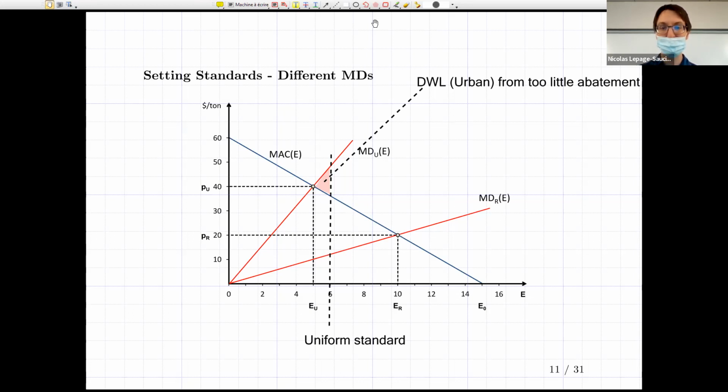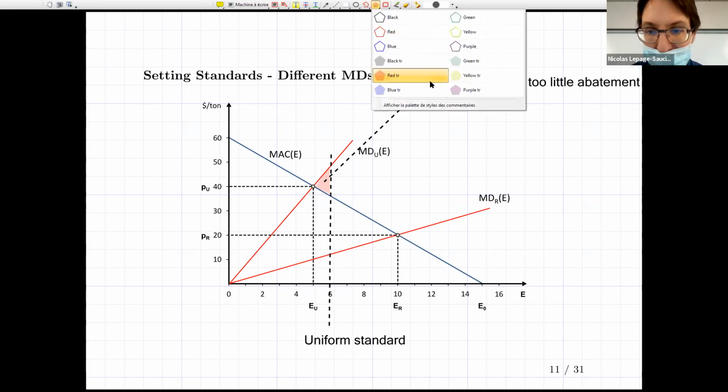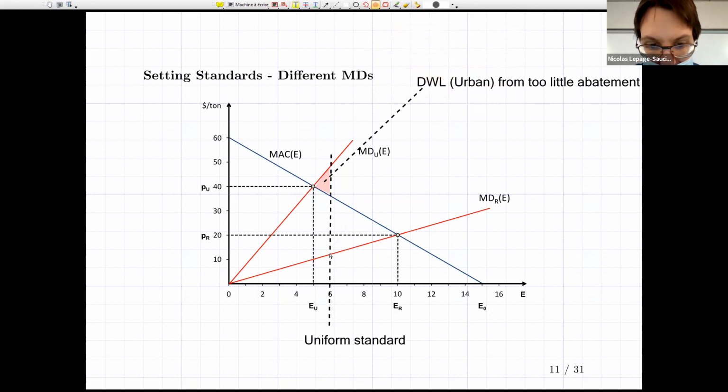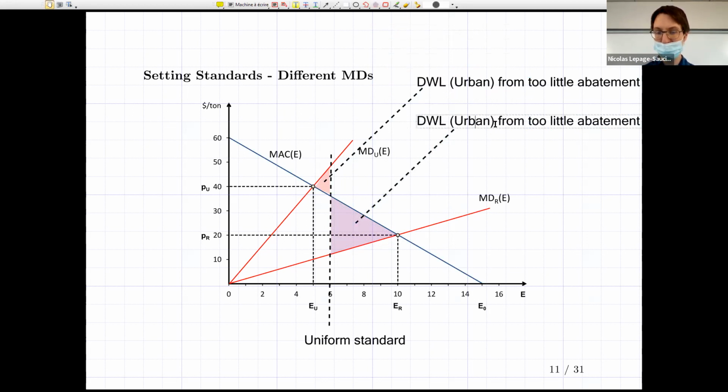Let me use some other colors. That will be the deadweight loss from too much abatement.